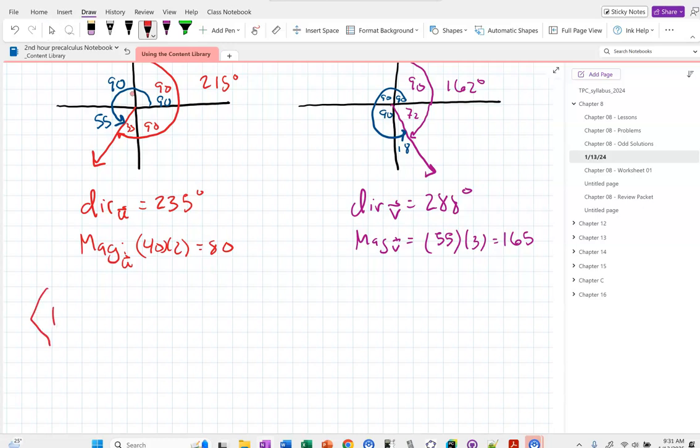That formula is the magnitude times cosine of the direction, comma, the magnitude times sine of the direction.